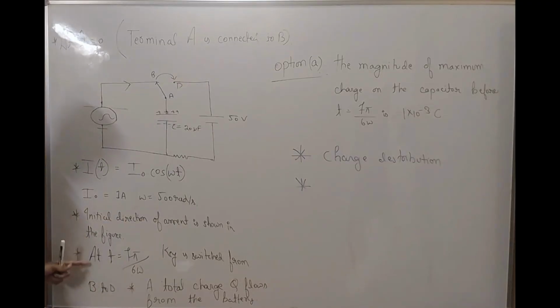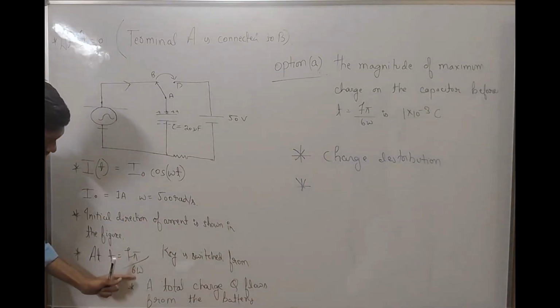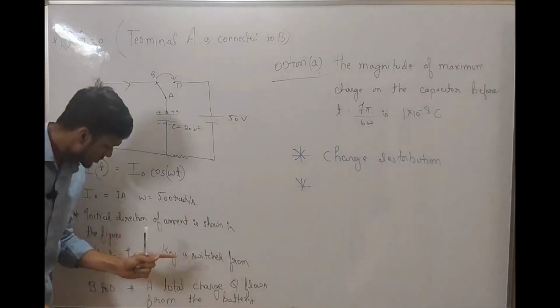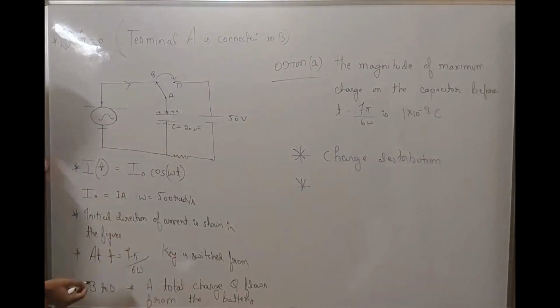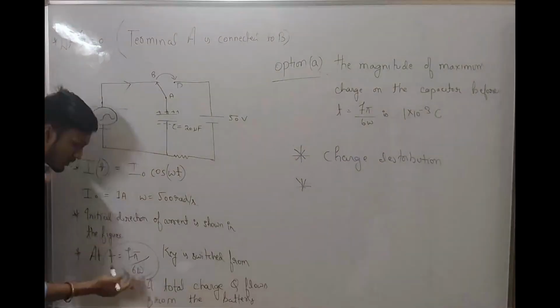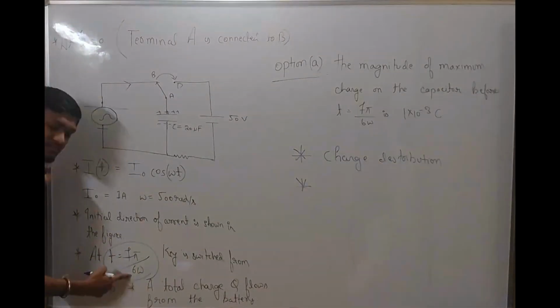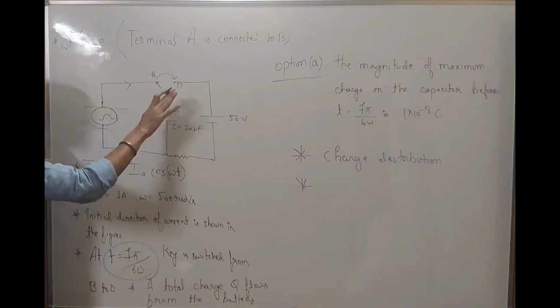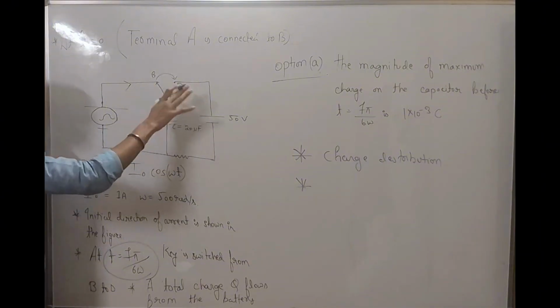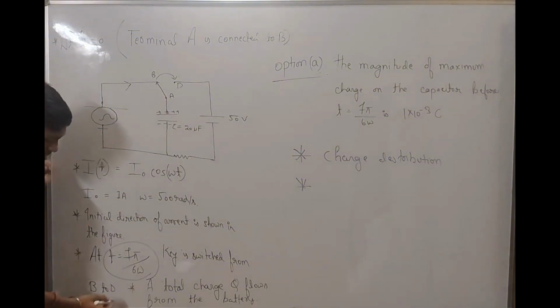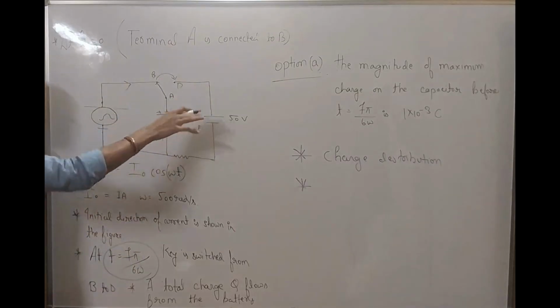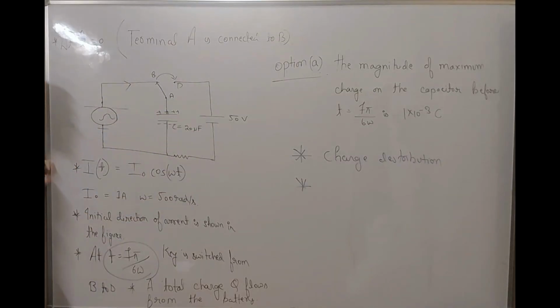All right. At time t equals 7 pi by 6 omega, the key is switched from B to D, particularly at this point of time. At 7 pi by 6 omega, the switch was shifted to the D position.